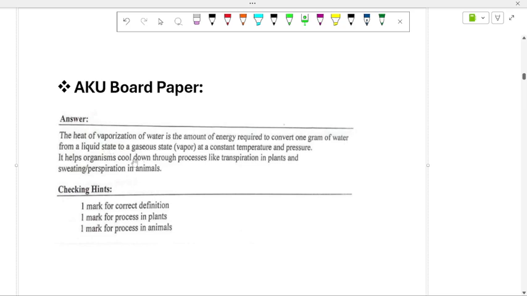It helps in cooling down of organisms, specifically plants and animals both. But for plants we have to give one terminology, and for animals another. First we will understand plants. We can see that the water molecules are converting their state from liquid state to vapor state.